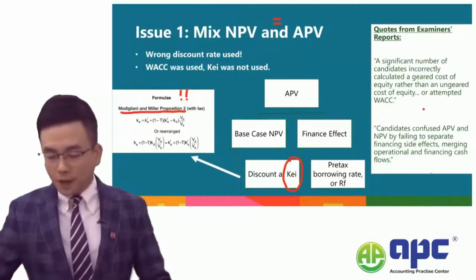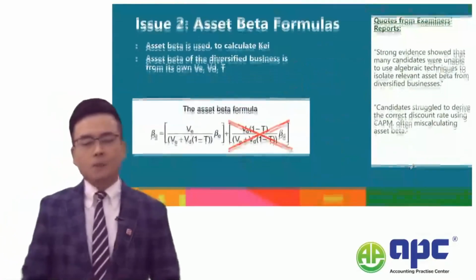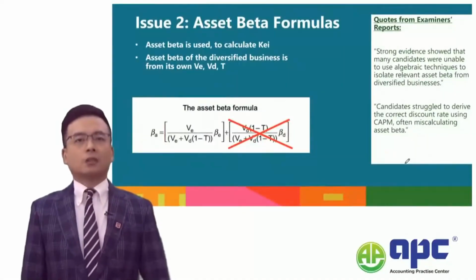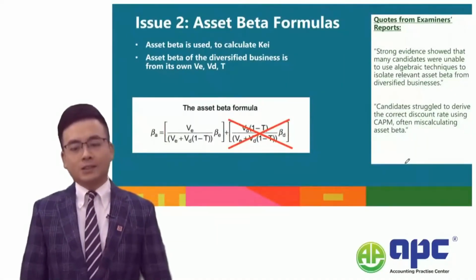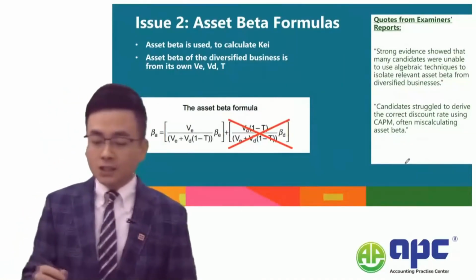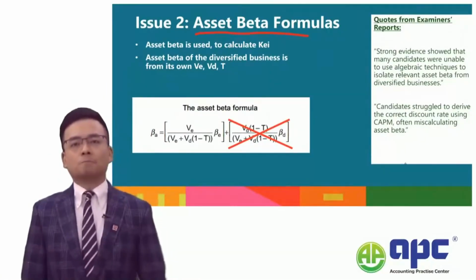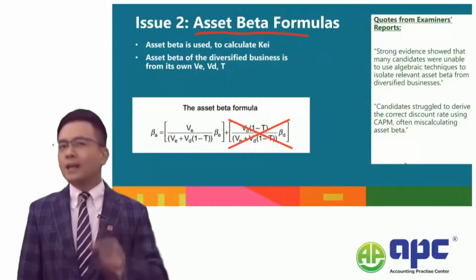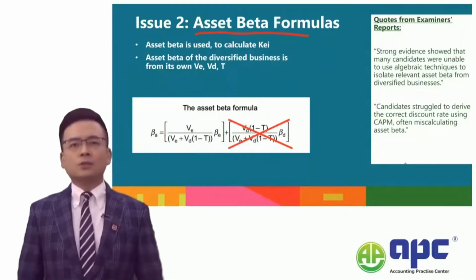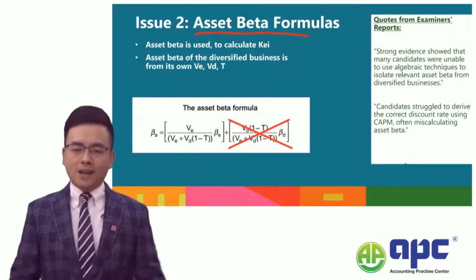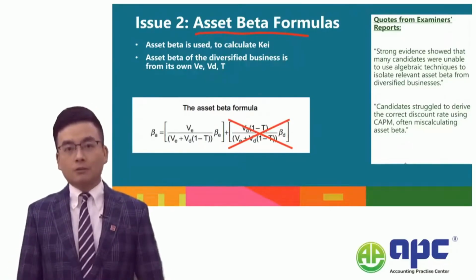Now, another issue highlighted by the examining team is that when we calculate the cost of equity ungeared, a lot of students did not know that we need to use the asset beta formula. Well, Steve, you've said that we need to use the M&M proposition number 2 formula given by ACCA, but now we've got another formula.